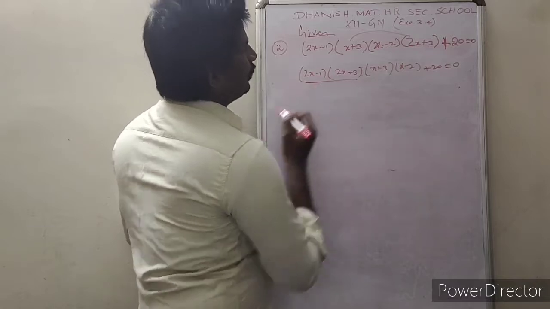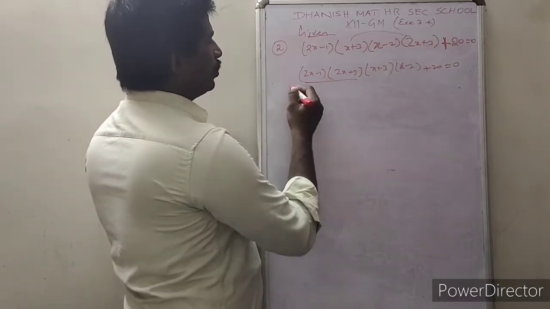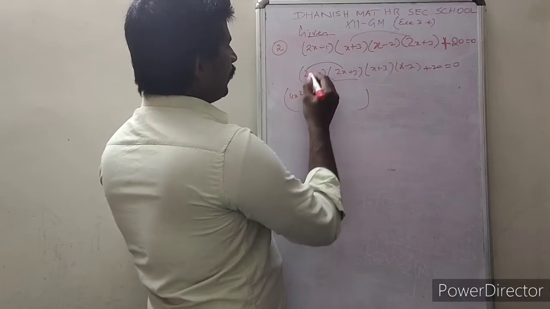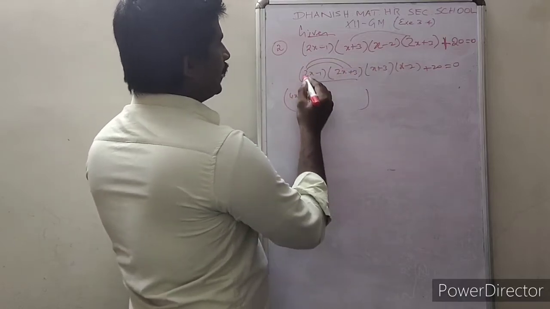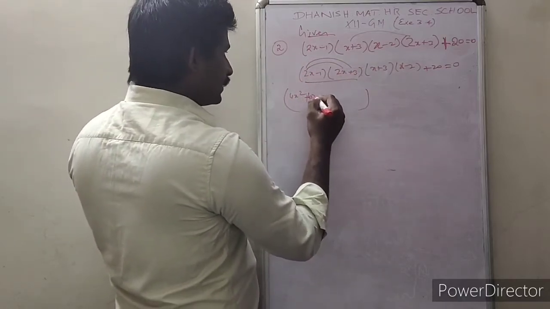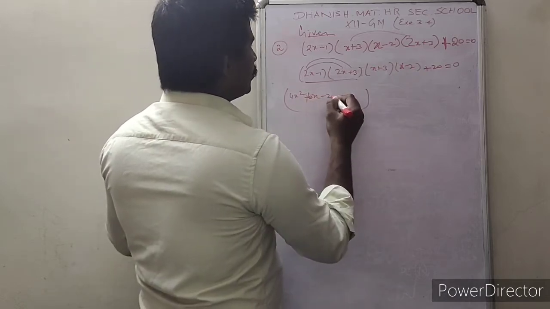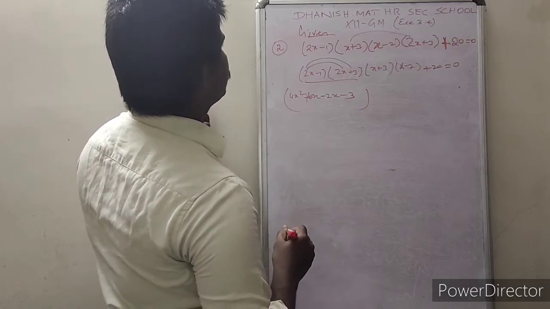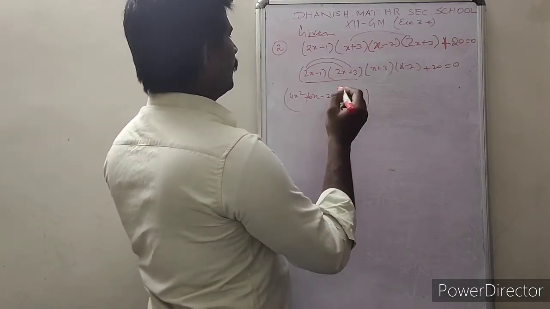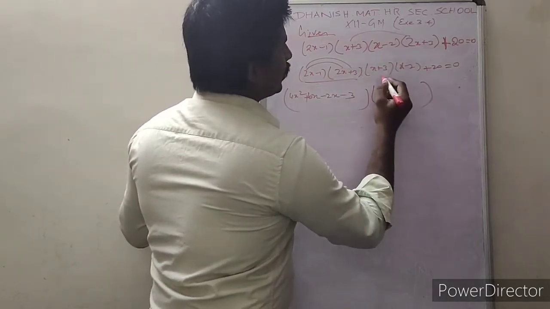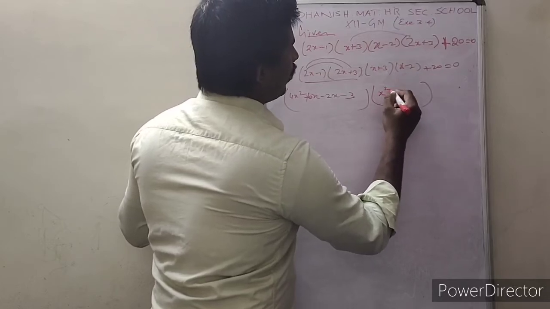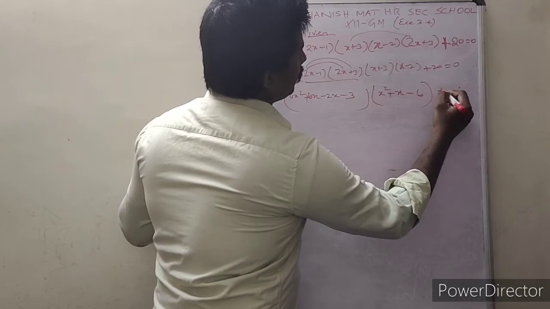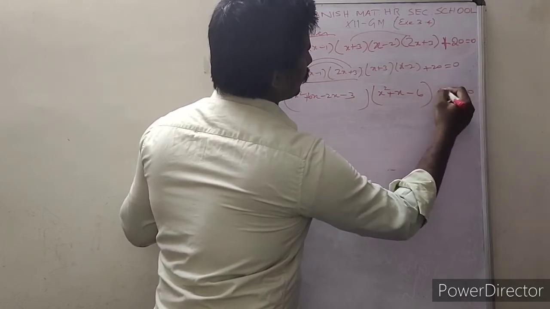Now I am going to multiply the first two factors. So what will happen? 4x square plus 6x minus 2x minus 3, into, here also I am going to do the same thing, x square plus x minus 6, plus 20 equal to 0.